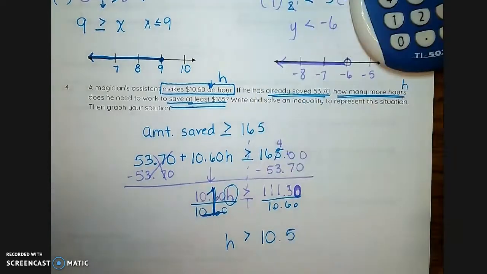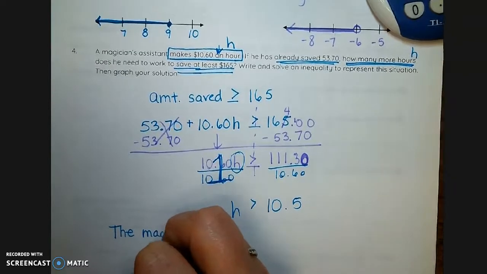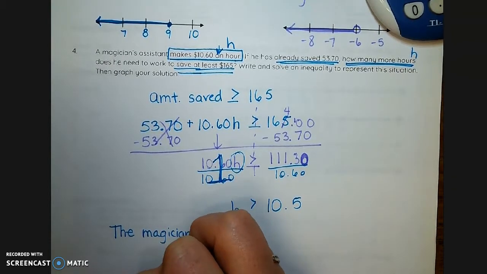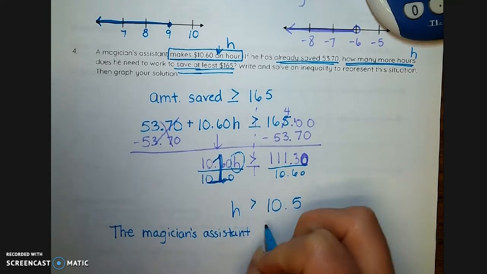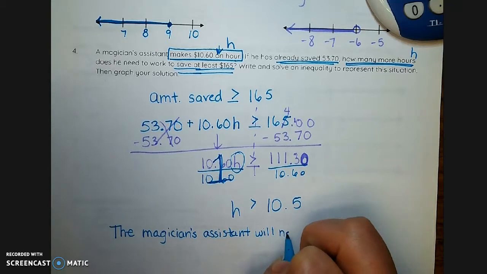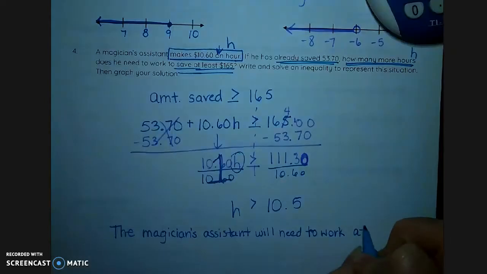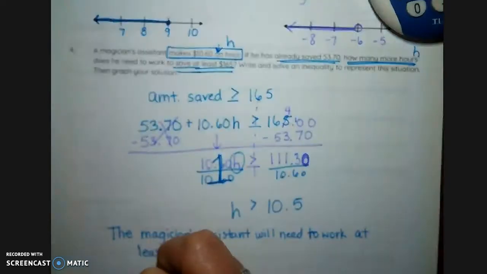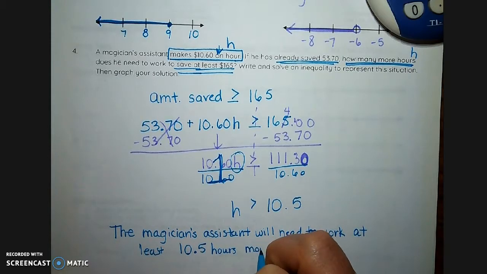And I find out that the magician's assistant will need to work at least 10.5 hours more. And that will get them to that $165 they were trying to save.